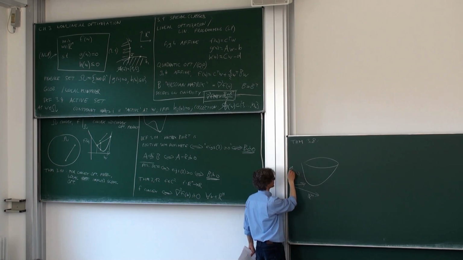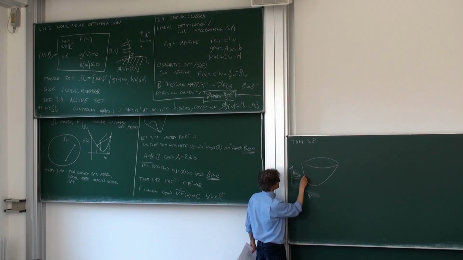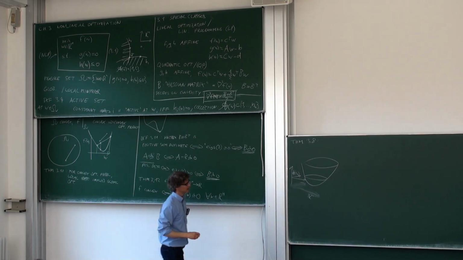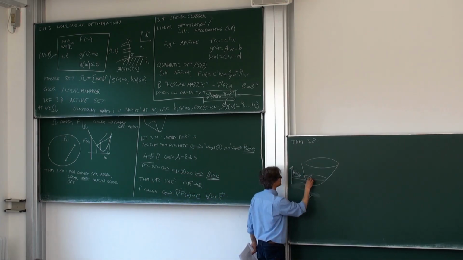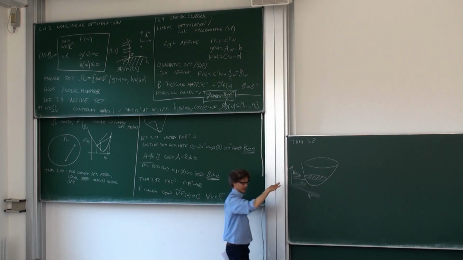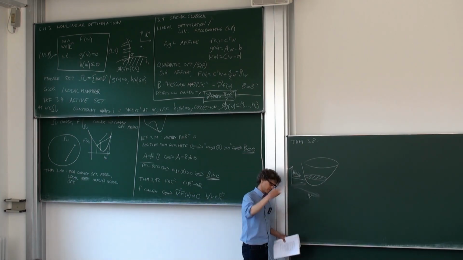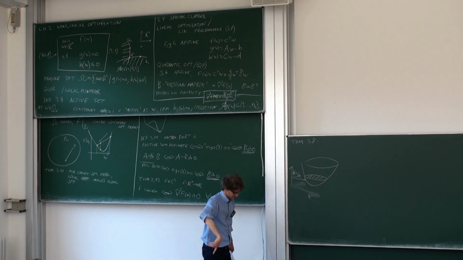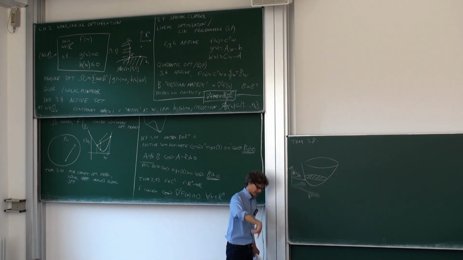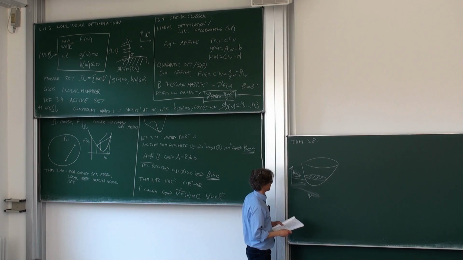So let's just assume 0 is maybe, this was a bad plot. I put this origin a bit higher. So then 0 would be here. And you could see that the intersection of this with the plane 0 is here. And so this would be the sublevel set. It's just a circle. You could think of it as if you have a valley and you put water into it, then the water surface is, so to say, the sublevel set.